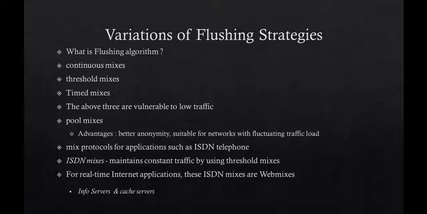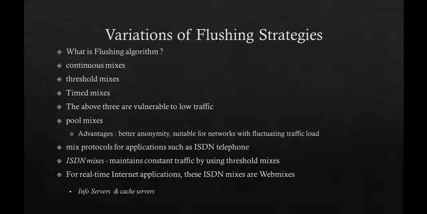To obtain sender and receiver anonymity, these ISDN mixers use two mix cascades, each built by the sender and receiver respectively, and they are connected by a connecting mix. To achieve constant traffic, a time slice is used that starts and ends the communication at the same time.